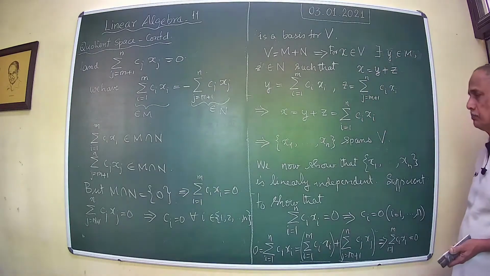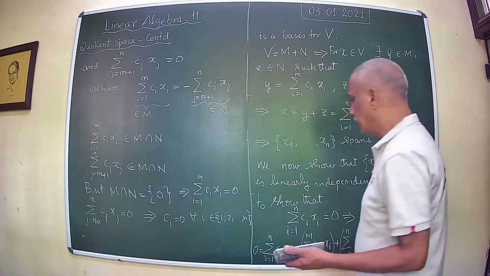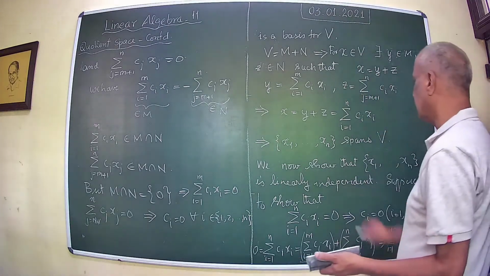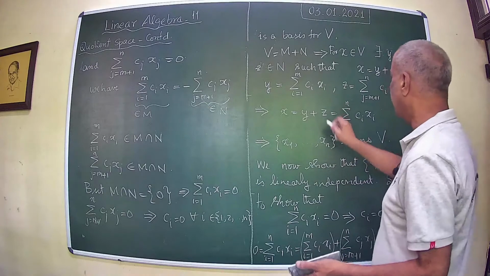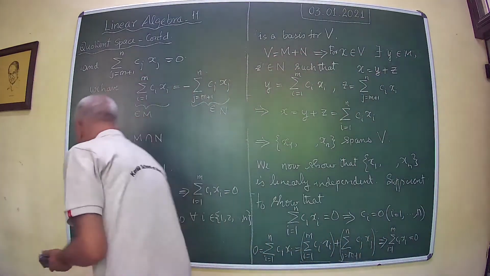Okay. So that actually tells you that this is a basis for V, that is x1, x2, etc. xn.